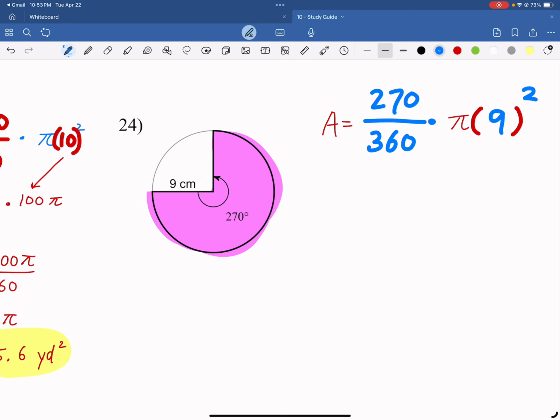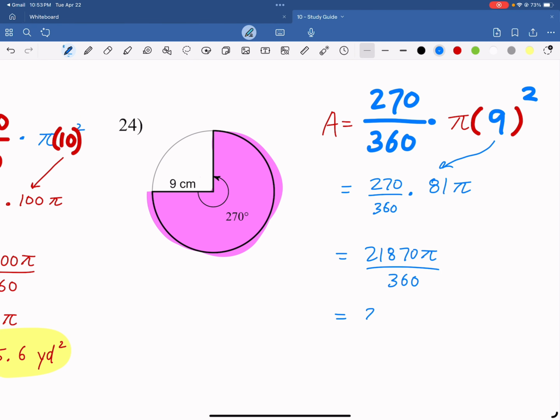And so if you simplify this, 270 divided by 360, you could simplify that fraction if you wanted to. In fact, you could easily cross out the zeros. But for the sake of simplicity, I'll just keep it. We know that 9 squared is 81. Pi comes down. You can multiply these two now. So that's going to become 21,870 pi over 360. Punch that into a calculator.